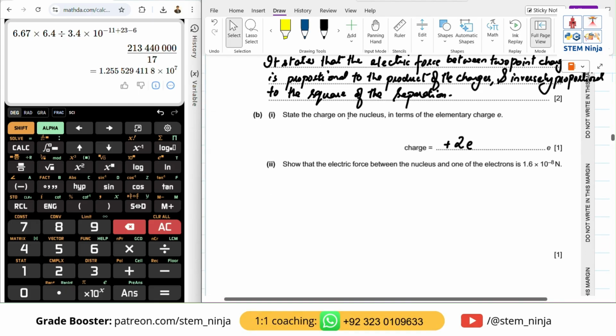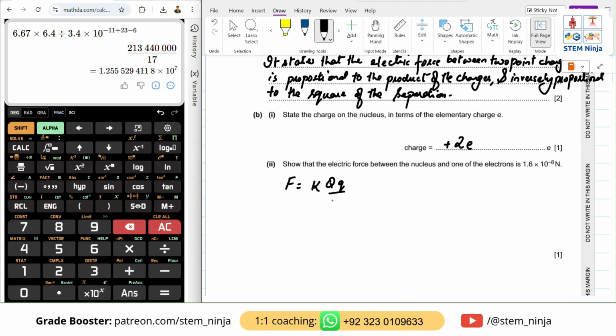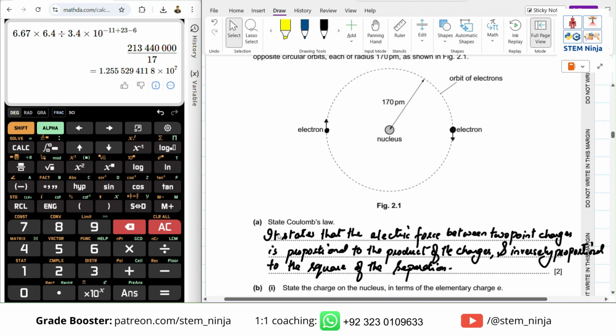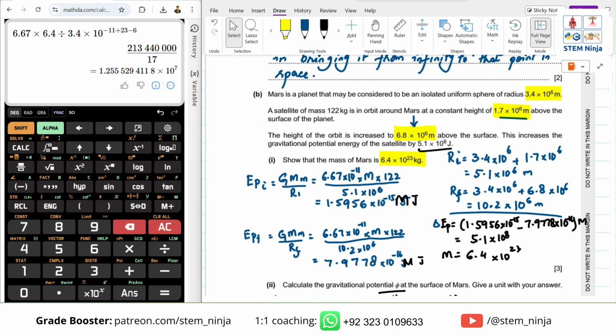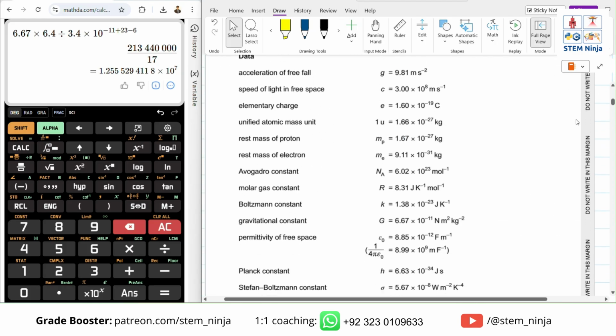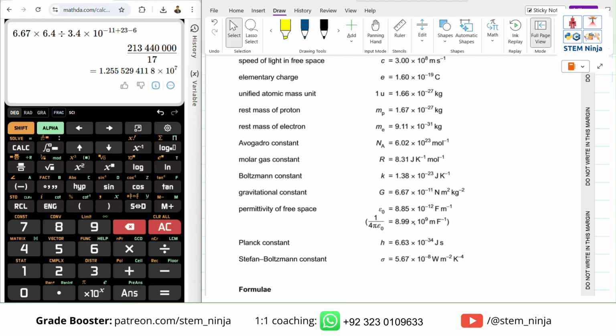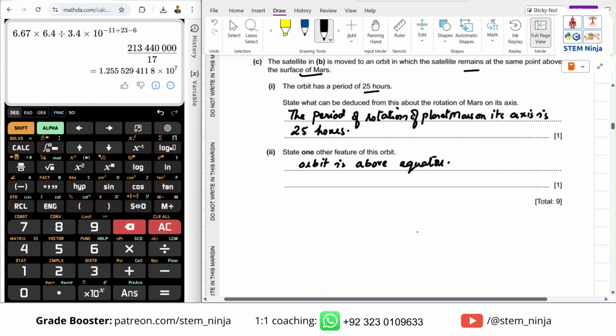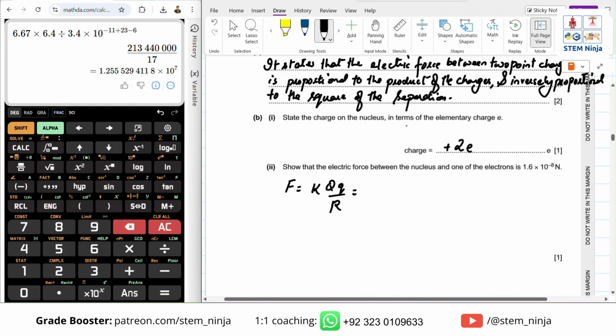Show that the electric force between the nucleus and one of the electrons is this. For force, we can say this is K Q Q over R squared. The K value is 8.99 times 10 raised to power 9.